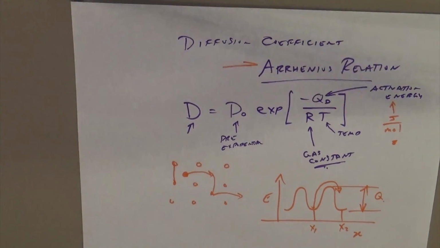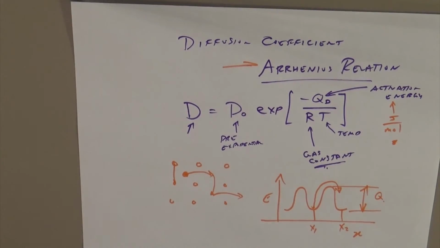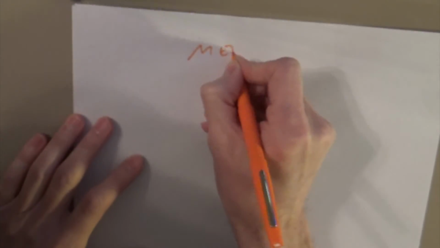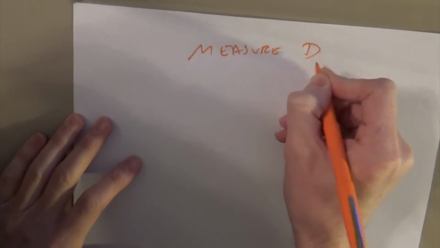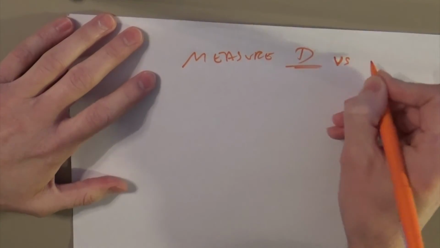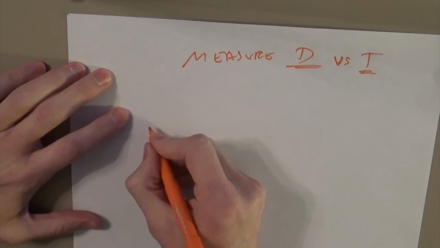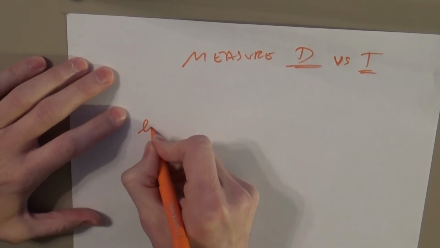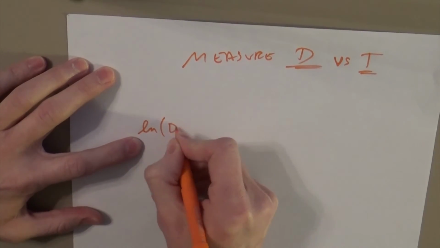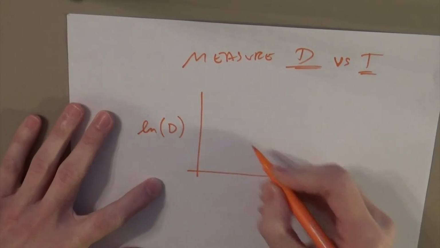What's more is that this also means that we can go back and talk about those logarithmic relationships, and we can use those again. If you measure the diffusion coefficient as a function of temperature, you can plot those and you'll get something that looks like this: natural log of D versus 1 over temperature.